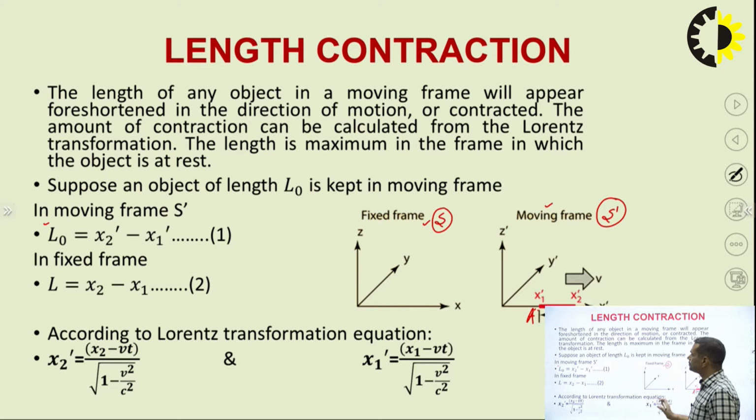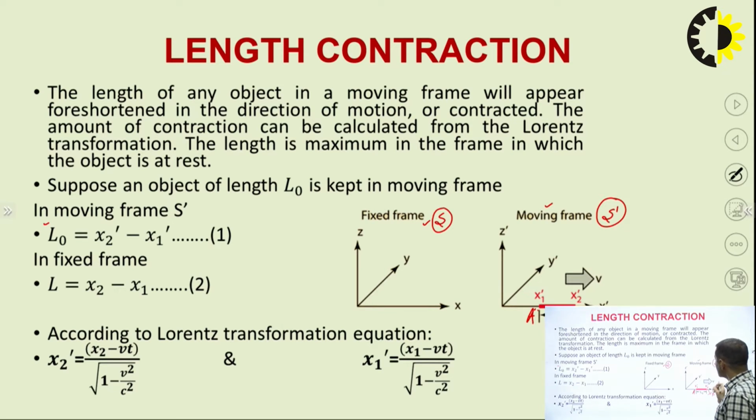So the length of this object with respect to the moving frame is L0, and the value of L0 is x2 prime minus x1 prime, right? Because both object and observer are in the same frame of reference, the length of the object will be its actual length.